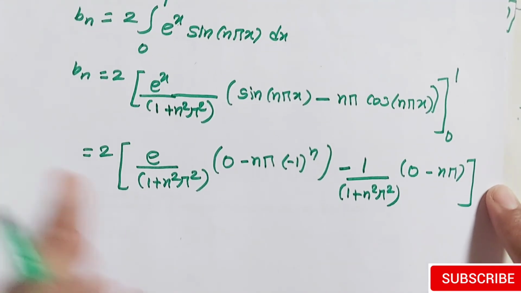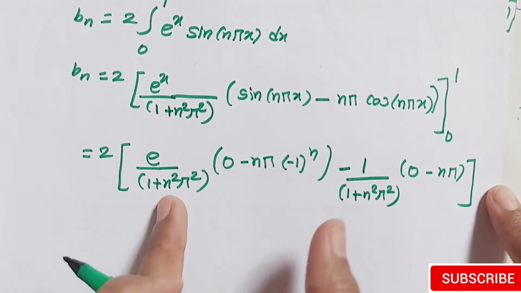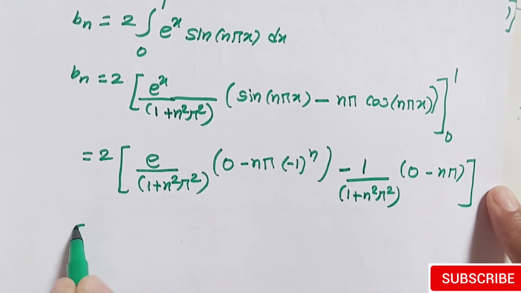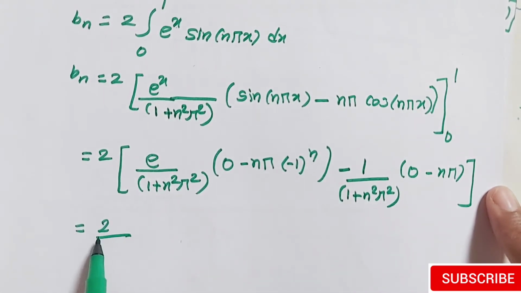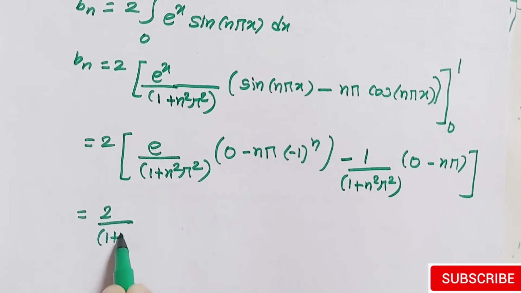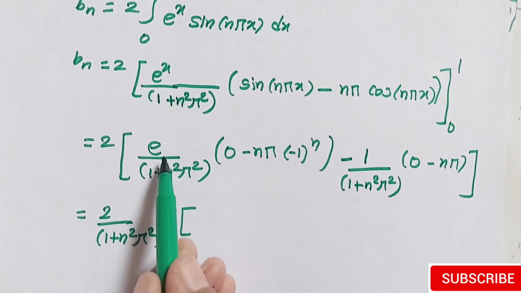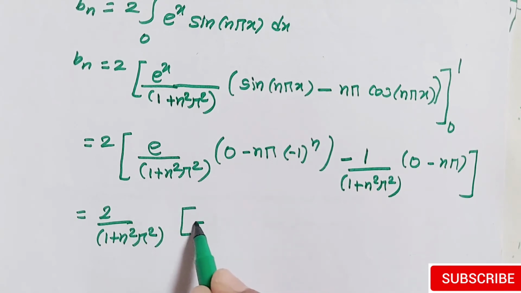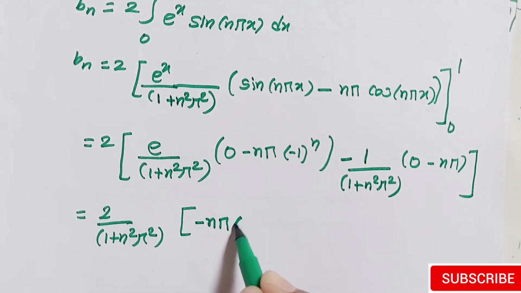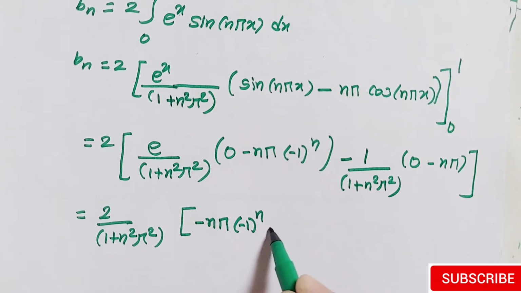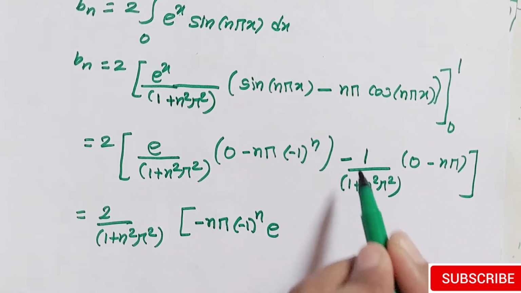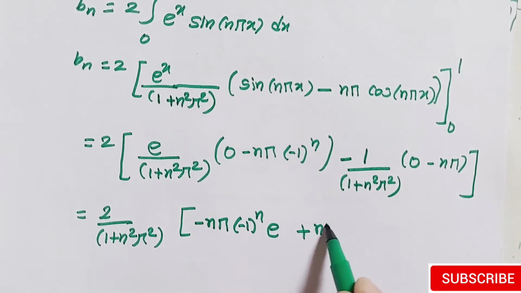Now simplify this term. The division bracket is similar, so we can take it outside. So 2 divided by 1 plus n square pi square is outside. Remaining is e into this term, so minus n pi minus 1 raised to the power n into e, then this minus of minus gives plus n pi.